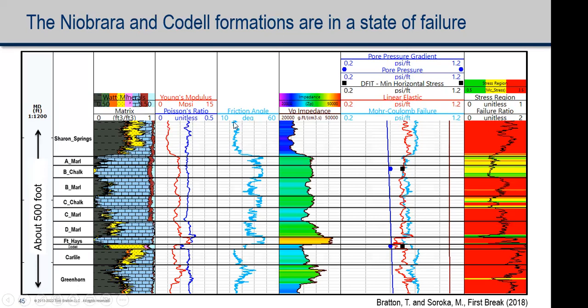Whenever you look at this, the friction angle up here in the clay, because you've got so much clay, and by the way, you've got kerogen up there as well, that's the purple stuff, you get a very low friction angle.